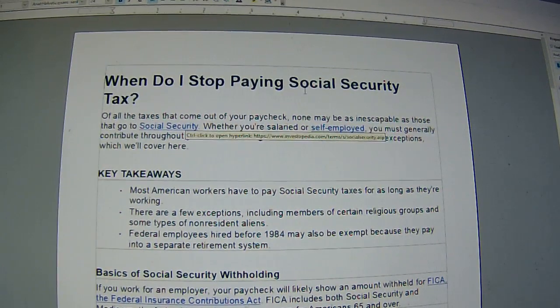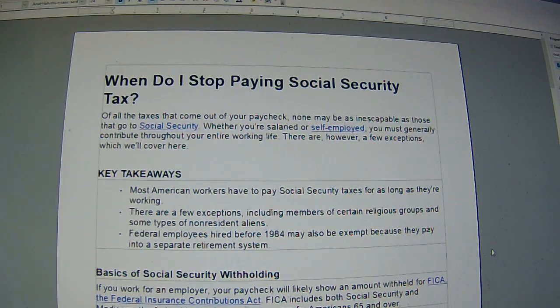When do I stop paying Social Security tax? Of all the taxes that come out of your paycheck, none may be more inescapable. Whether you are salaried or self-employed, you must generally contribute to Social Security throughout your entire working life. There are, however, a few exceptions, which we'll cover here.